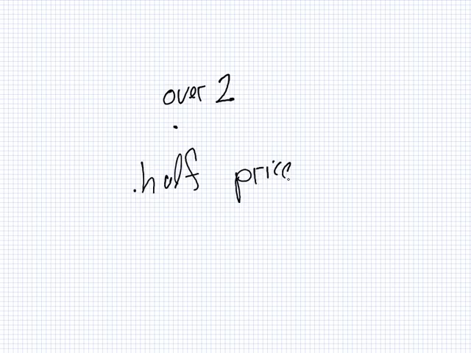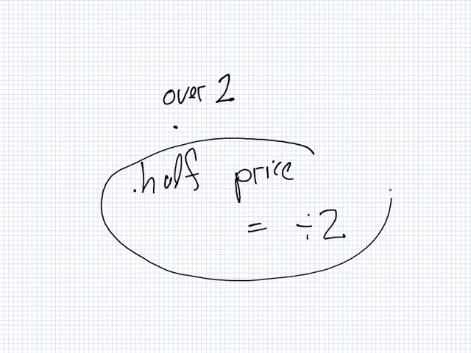Over 2? Sale. Ah! It's in Boxing Day. Yeah, they would say half price, which means over 2. That's why I questioned the half. Now I understand. Okay, half price means over 2.